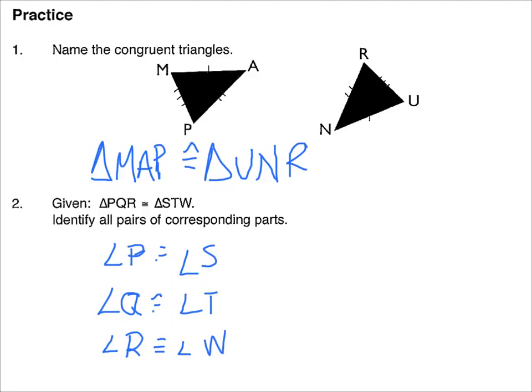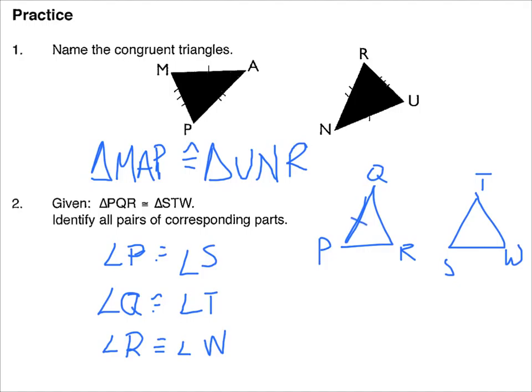All right, now I'm going to draw these so you guys can see them. You can draw any generic triangle, P, Q, R, and then you just draw another triangle next to it, but it's got to go in the same order. So PQR, STW. See how I went left, up, down? Same thing. Now you can just look at the side lengths. PQ is congruent to ST, so I write it.